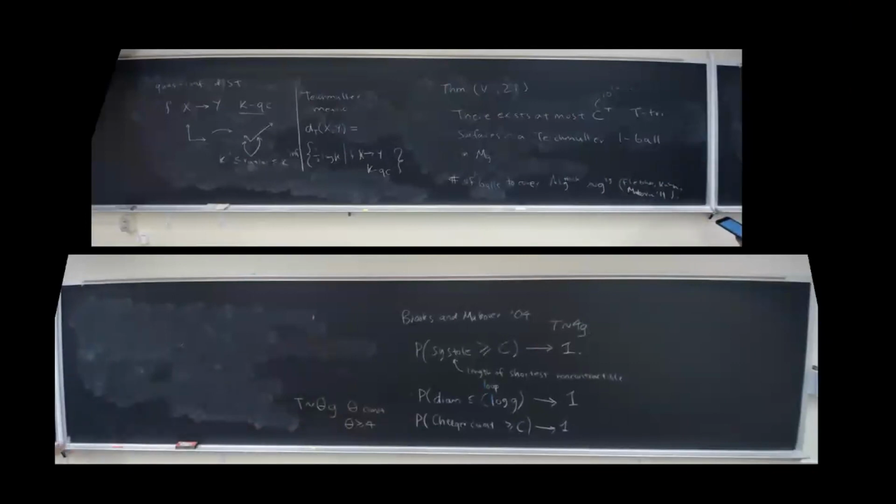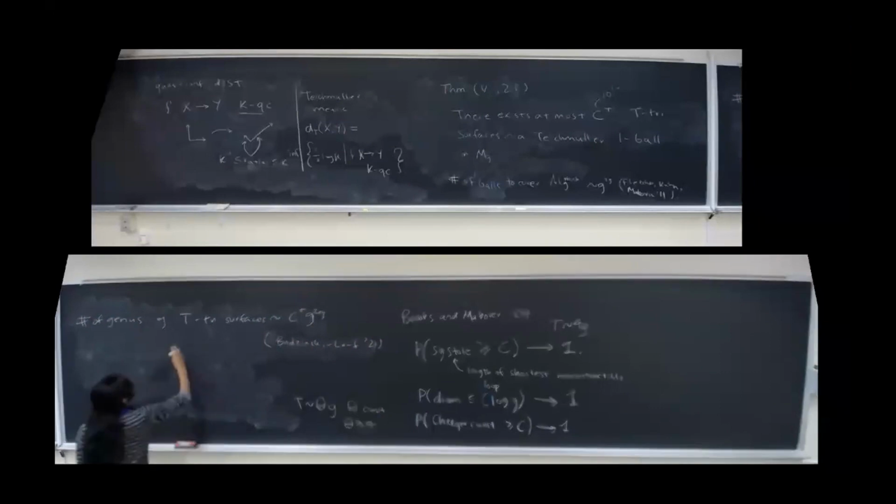Also, the number of triangulated surfaces is around C to the T times G to the 2T. This is by Rodzinski and Brooks. By the way, this is true in the range where this question makes sense.